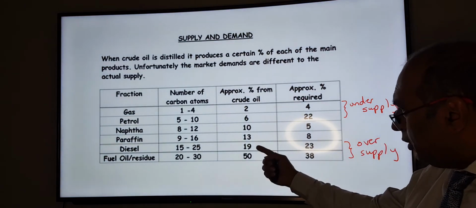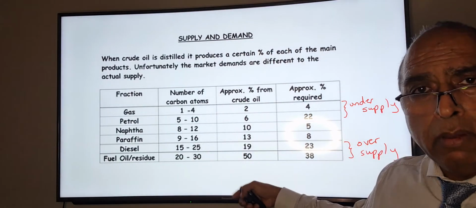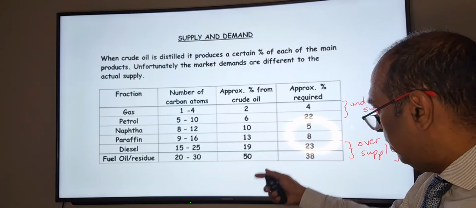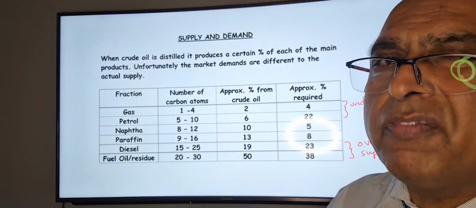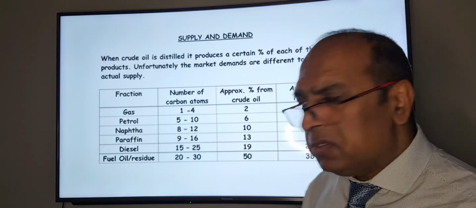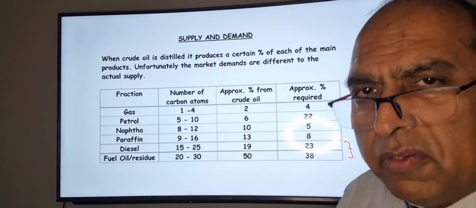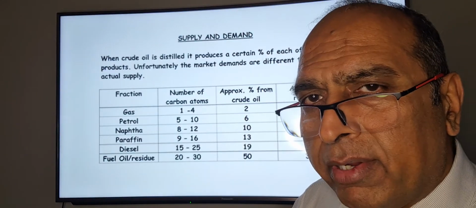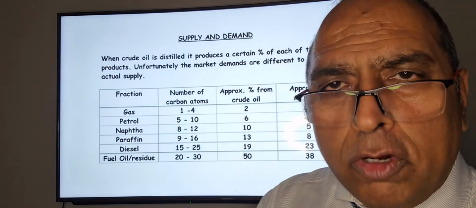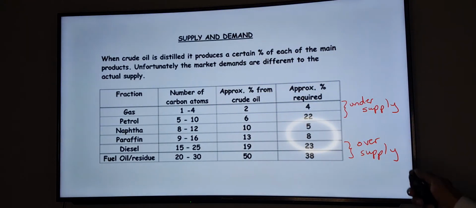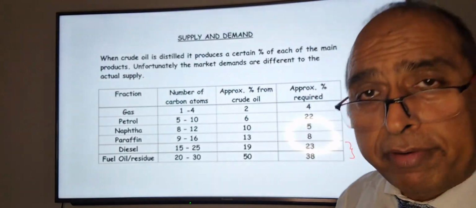Look, you make 50% of a crude oil that may be tar or bitumen, but you only need 38% in total. So out of the 50%, you only need 38%. So you've got 12% extra that you don't need. So there's an oversupply. Look, I've written oversupply. There's an oversupply of the big fractions and an undersupply of the small fractions.